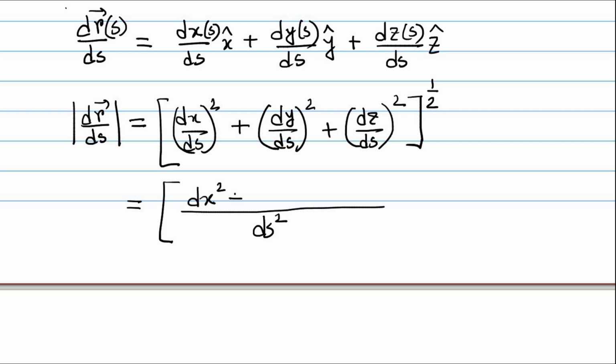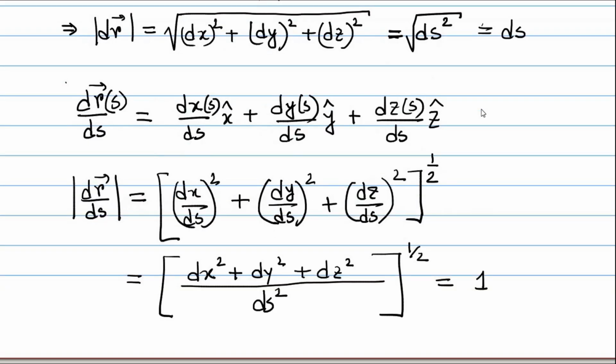This would be dx squared plus dy squared plus dz squared. I'm dropping the parentheses, but what we can immediately see is that the quantity on the top is exactly what we have written as ds squared. So basically this ends up as 1. So there we go.